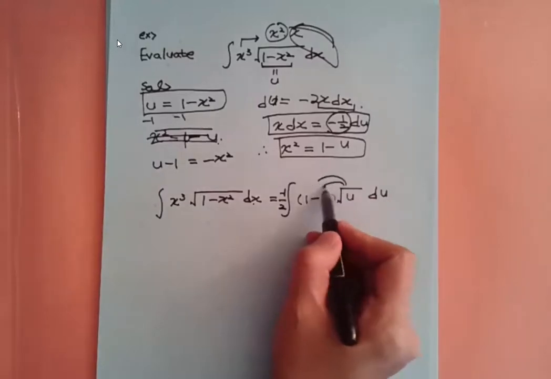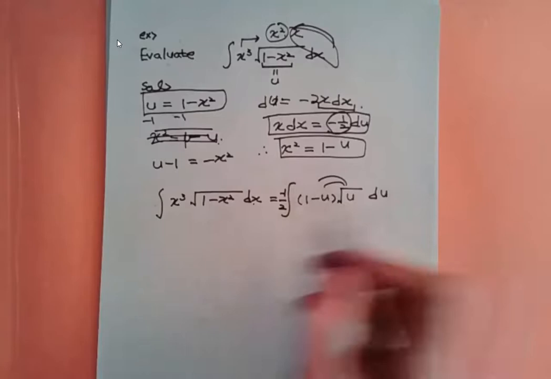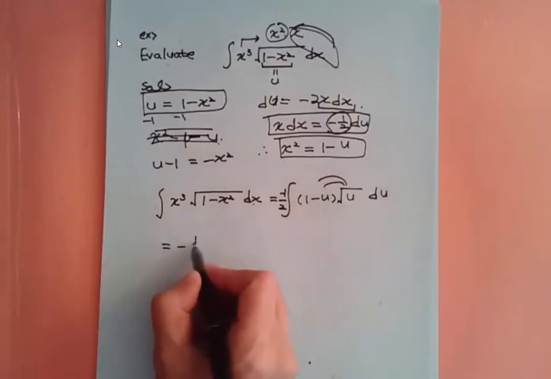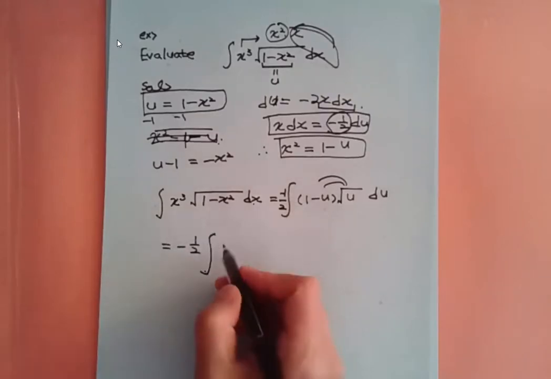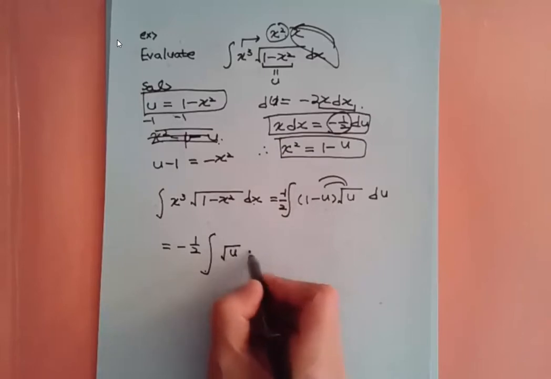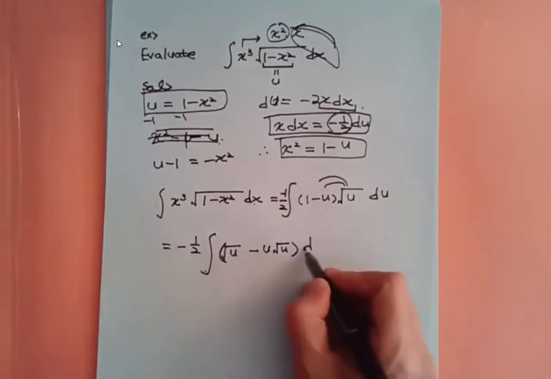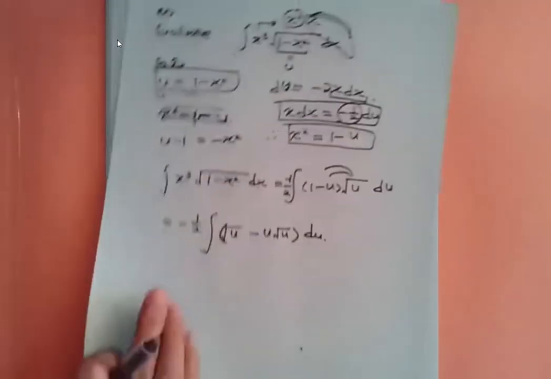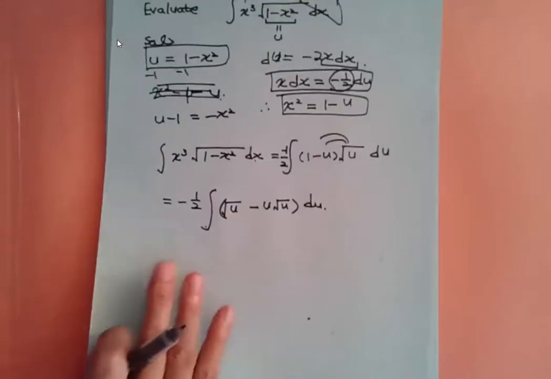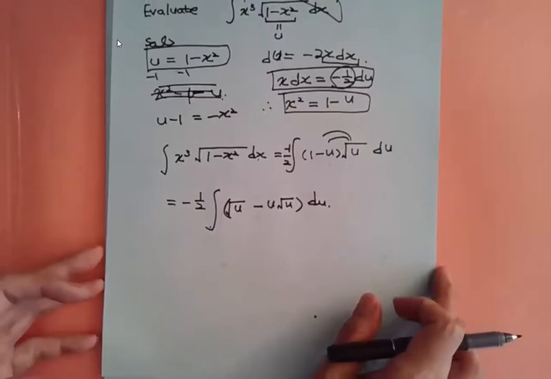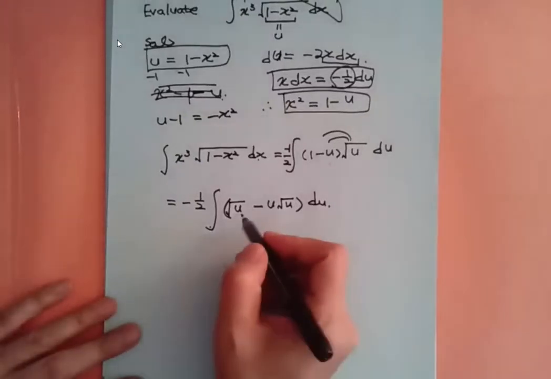Let's do distribution. -1/2 integration square root of u minus u square root of u du. We have to do integration, so we want to write that in exponential form.